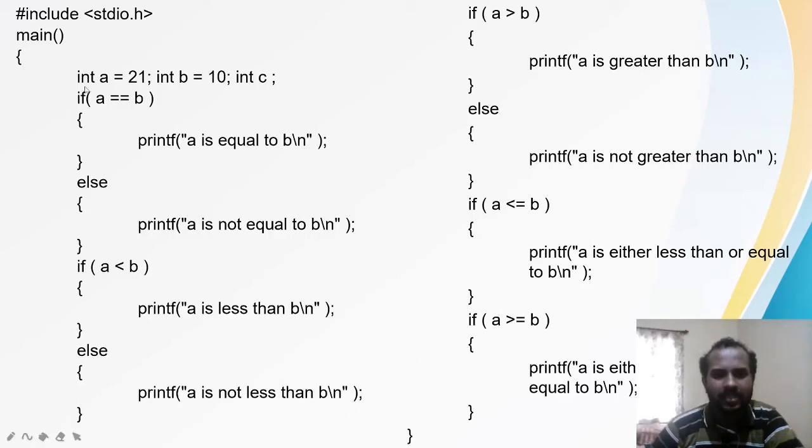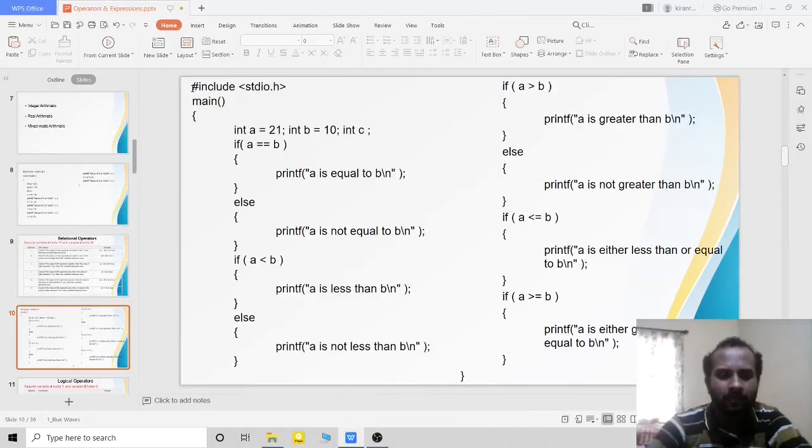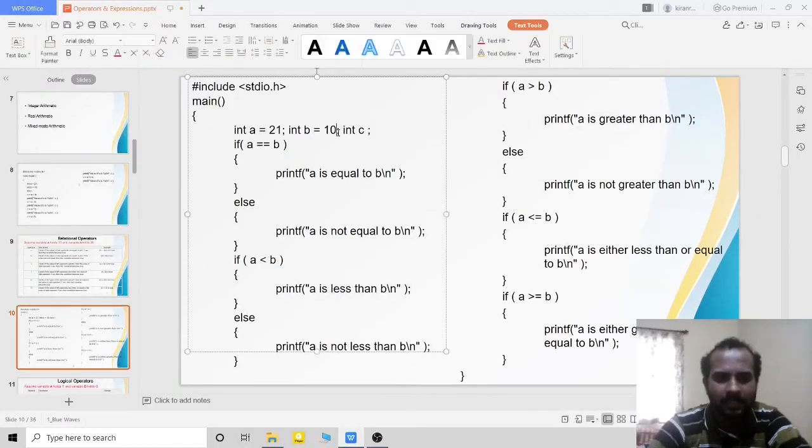Here you can initialize the value for a and b during the declaration time only, or you can accept the value from your keyboard. Okay, if you want to accept the value from the keyboard, then I'll change the statements.